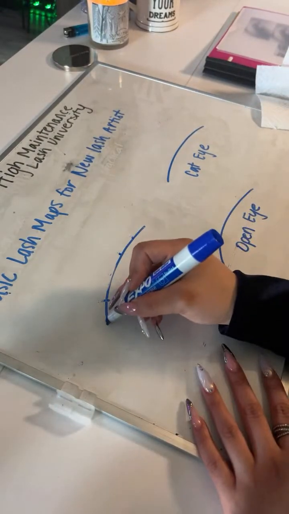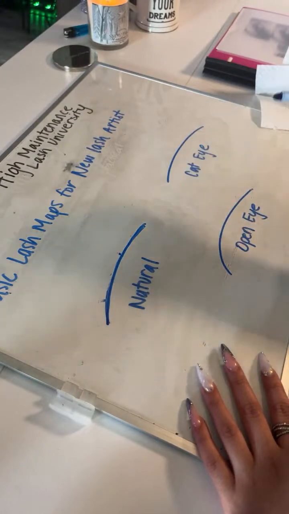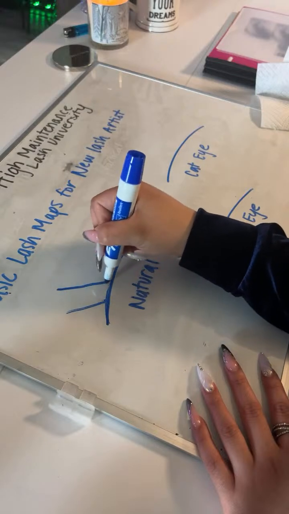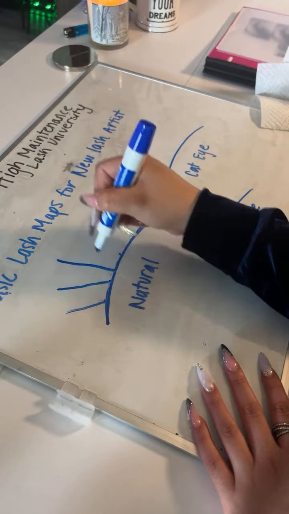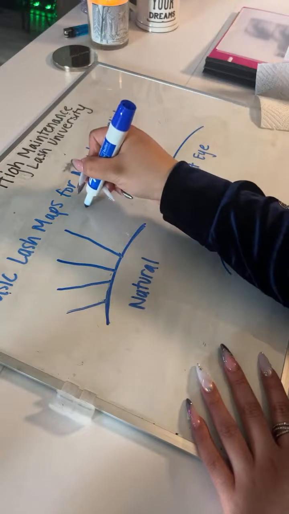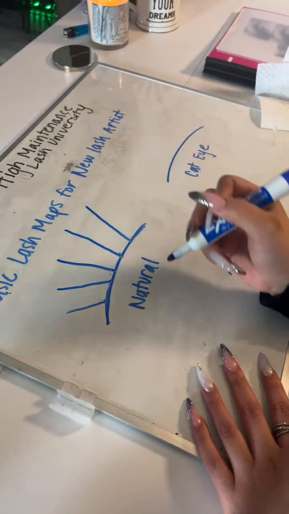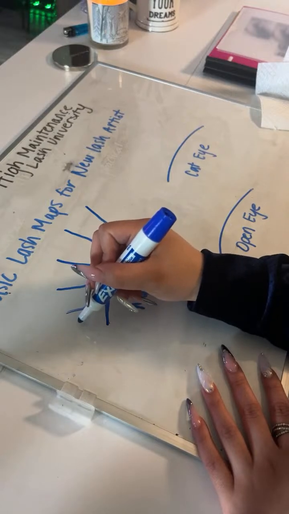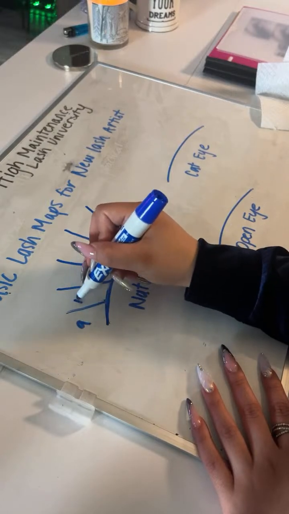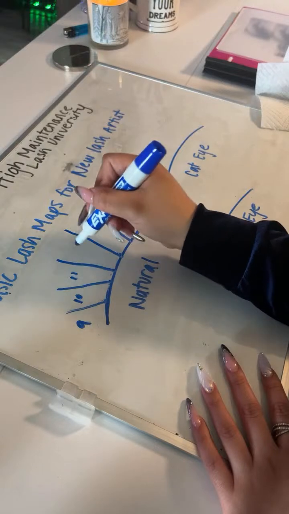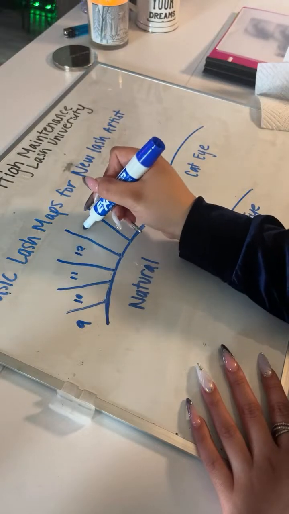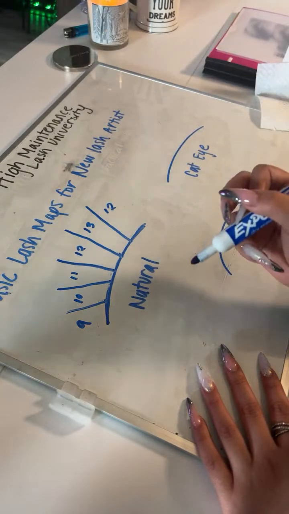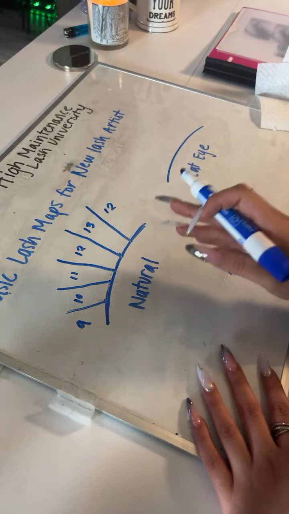Nobody wants that. So for a natural set, what you would want to do is start with regular lengths, so maybe some 9s, 10s, 11, 12, 13, and back down again to 12. So this would be a natural lash map.